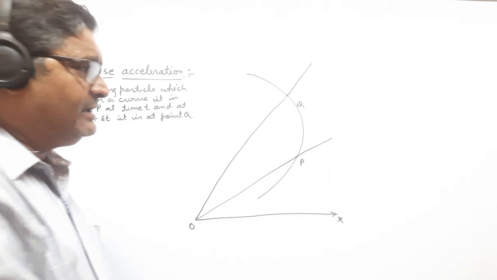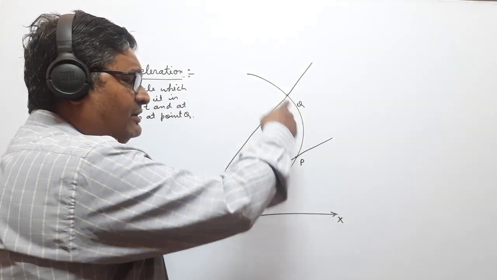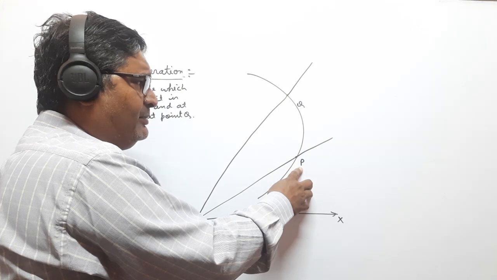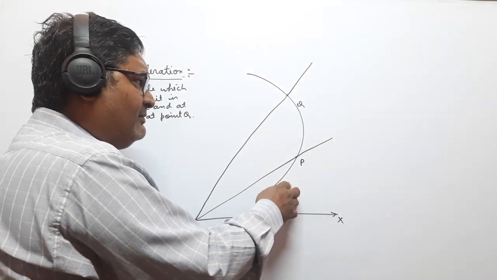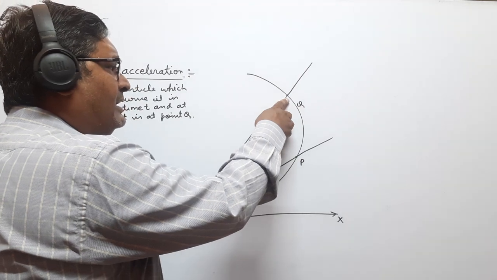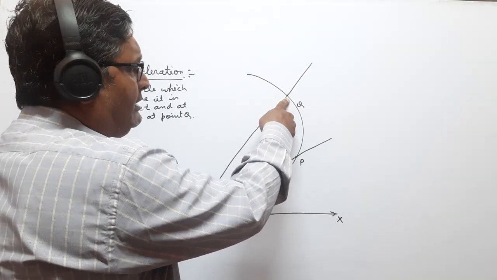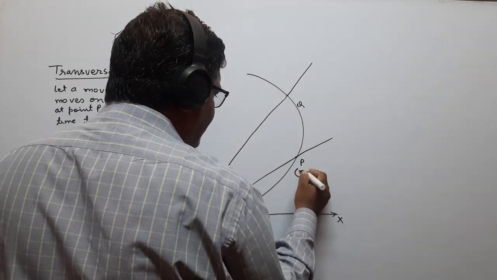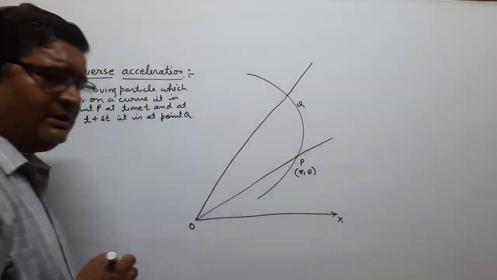Let us suppose that there is a particle which moves on this curve. At time t the particle is at point P. After del t time, that means at time t plus del t, the particle is at point Q. We suppose that the polar coordinates of point P are r and theta.